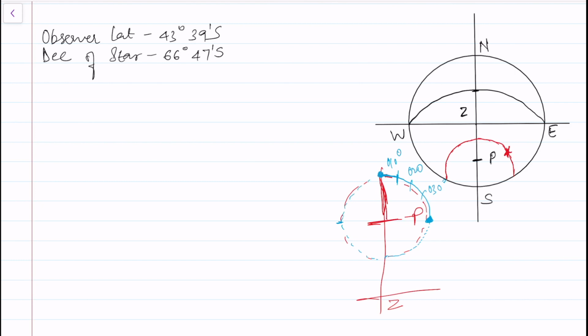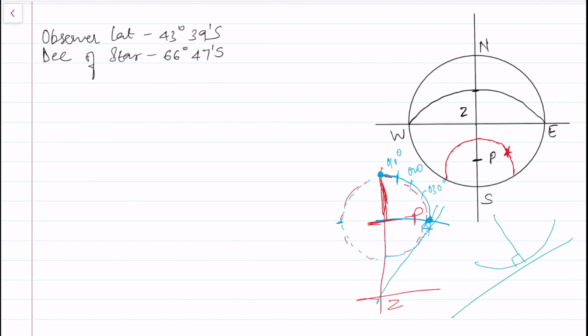So if I draw a tangent to this point, and join this line, this will be 90 degrees, because any tangent to a circle is 90 degrees to the radius, right? That's the logic.